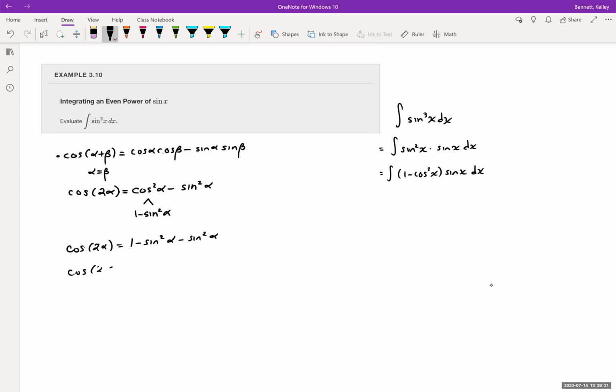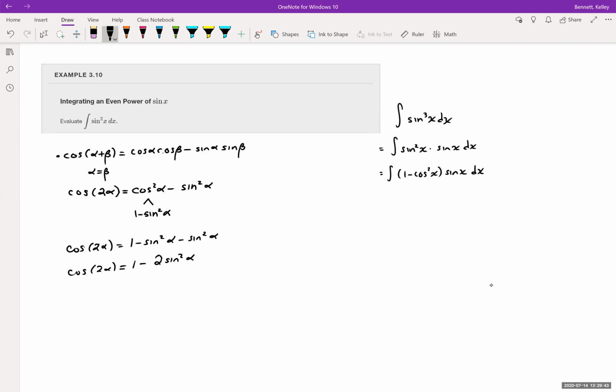So if I just combine my like terms, I'll get 1 minus 2 sine squared alpha. And again, this is helpful because now I can solve this for sine squared alpha, and I'm just going to get a mix of a scalar, a constant, and a single term of cosine.